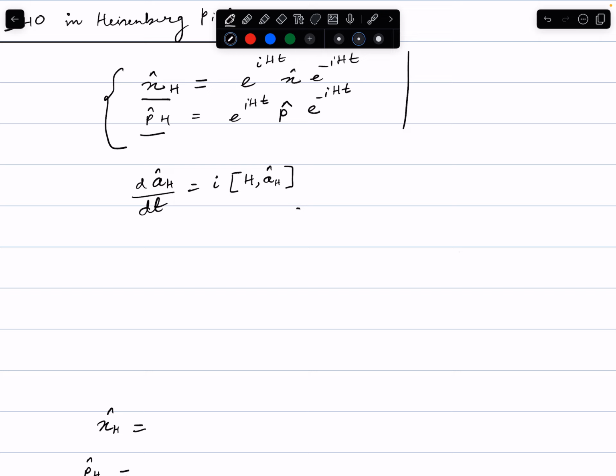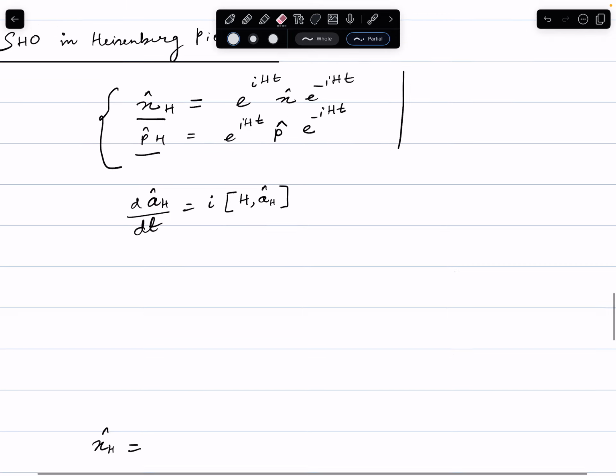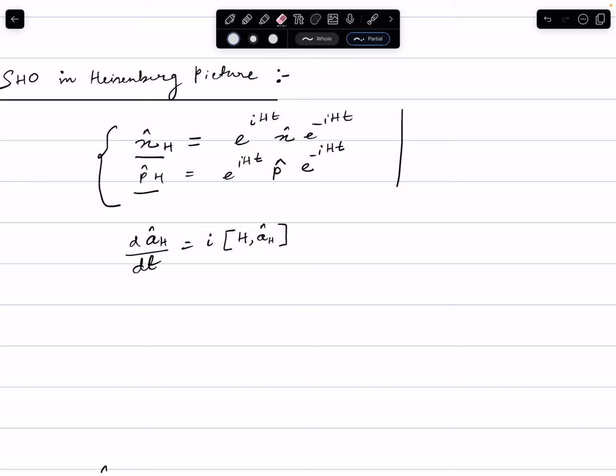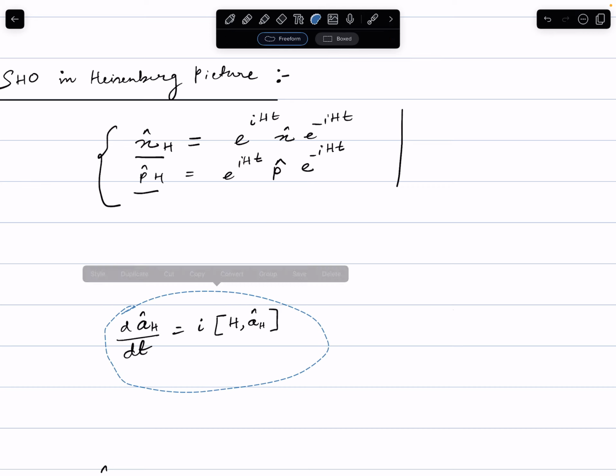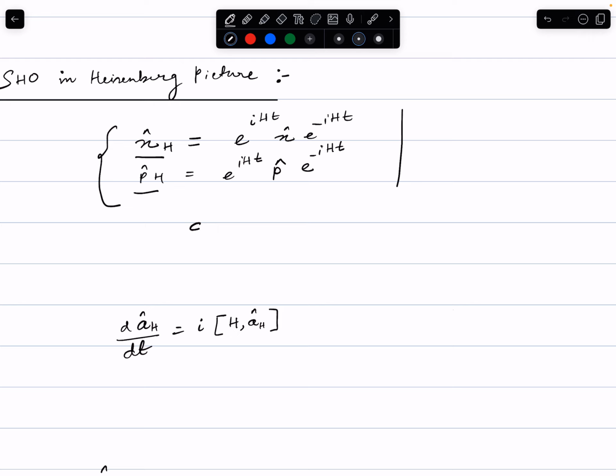This is the equation of motion for any operator. So for any operator in the Heisenberg system, instead of the Schrodinger equation, it follows the Heisenberg equation of motion. So any operator dO/dt in the Heisenberg picture is given by i/H bar times the commutator of H with O_H. Okay.